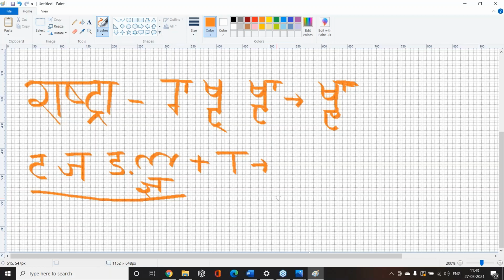Now the example to explain it is, for example, khatta. When you write this word, khatta. So this ta is half, then full ta, then half.